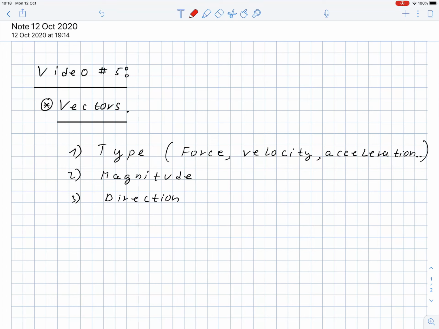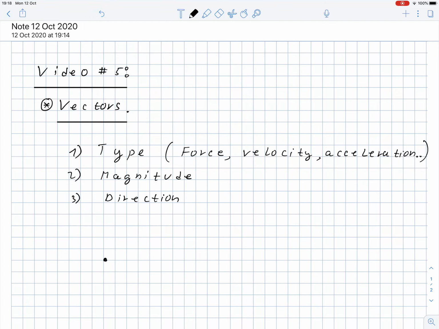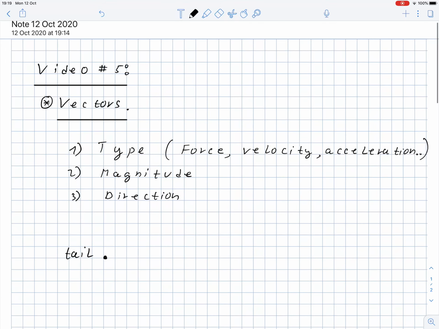Now, how can we picture this vector? A vector has a tail, a head, and a straight line between tail and head. This straight line between tail and head will represent the magnitude of a vector.